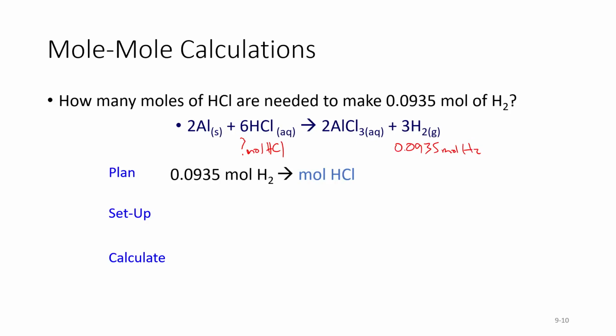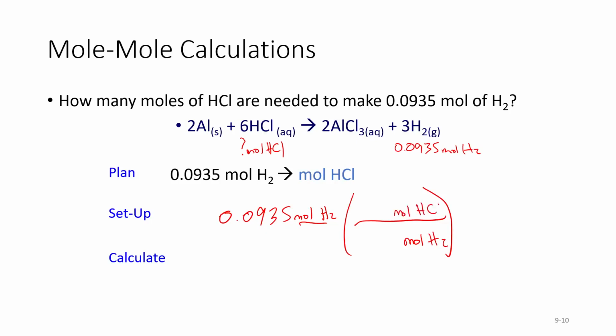So we're going to start with what we have, 0.0935 moles of H2. Since moles of H2 is on the top, we're going to put moles of H2 on the bottom. We're converting to moles of HCl.